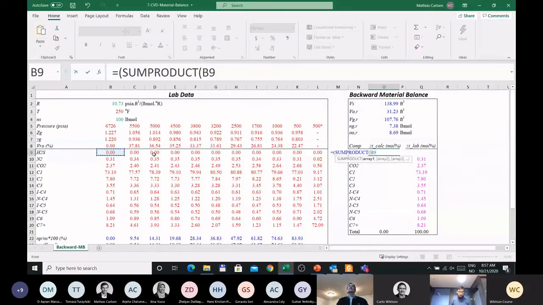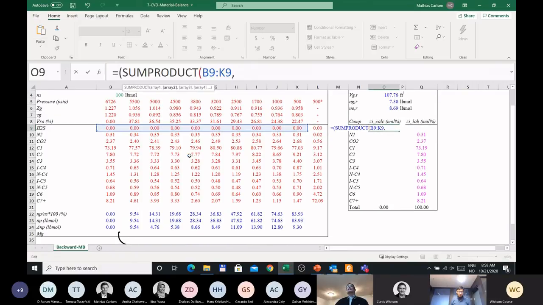So if we are talking about the H2S component, and then we have incremental moles here. And these should be fixed.